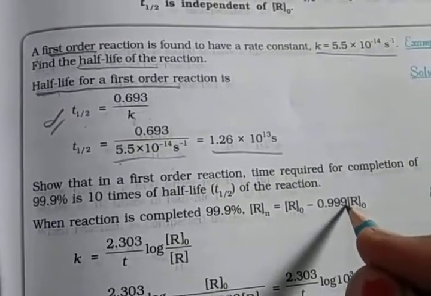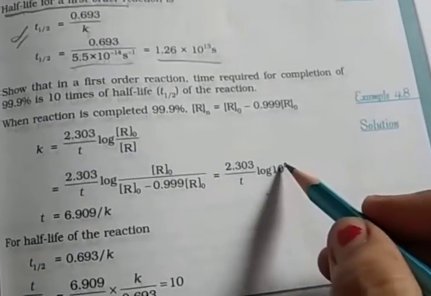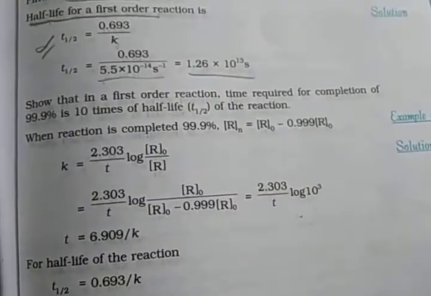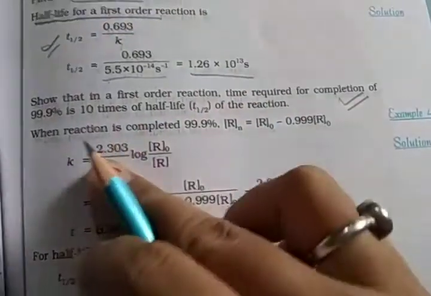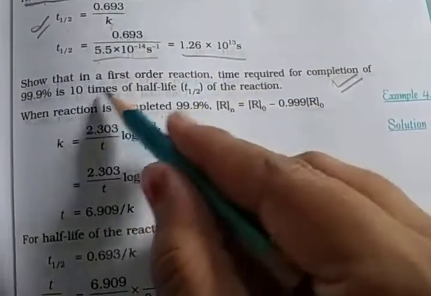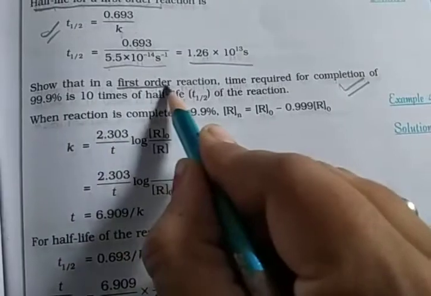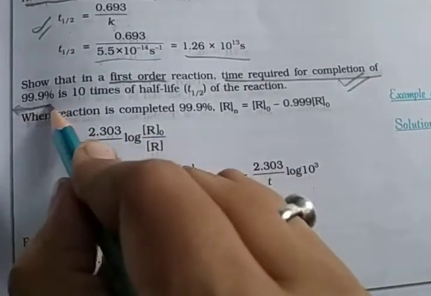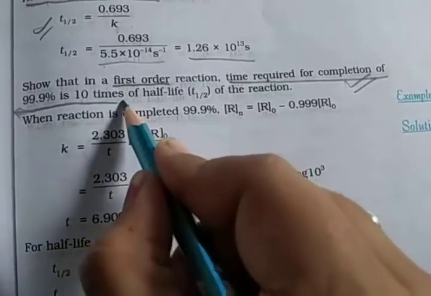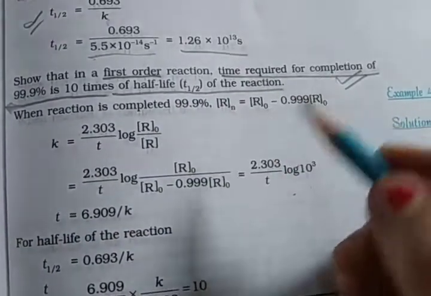Then example 4.8 is based on this topic, and it is a very good question for basic concepts. Show that in a first order reaction, the time required for completion of 99.9% is 10 times the half-life of the reaction.